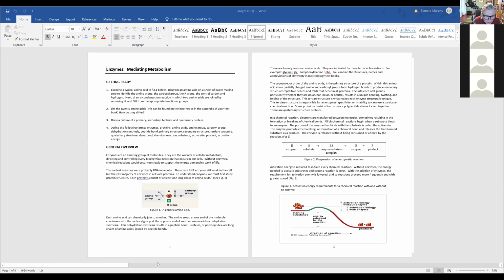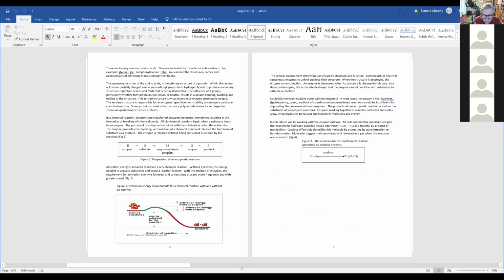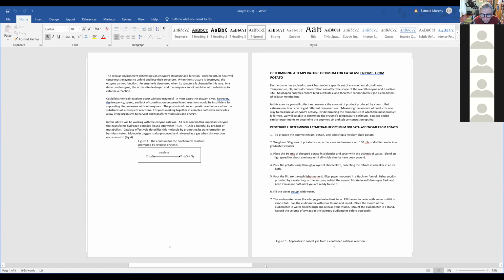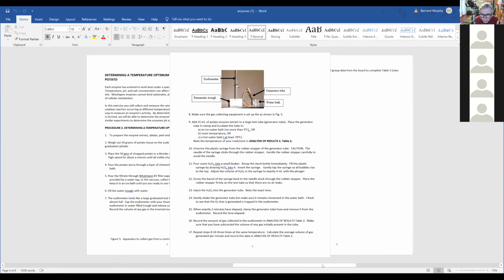We'll go over the questions that you need to answer on the lab document. Actually, let me show you the lab document. Here we go. So I'm going to go over this stuff first, and then at the end, it gives you all the instructions on how we did the experiment.